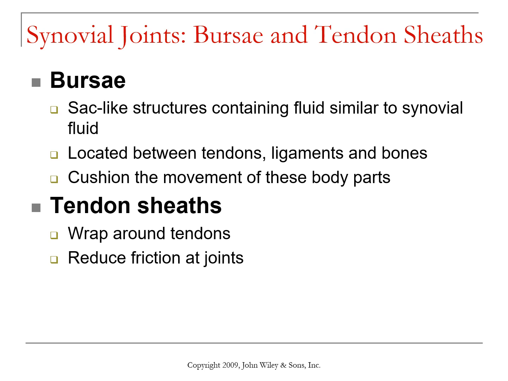As illustrated on the previous slide, bursae are sac-like structures containing a fluid very similar to synovial fluid. Bursae are located between tendons, ligaments, and bones. They may also be located between the skin and bones. These bursae function to cushion the movements of these body parts and to reduce friction.